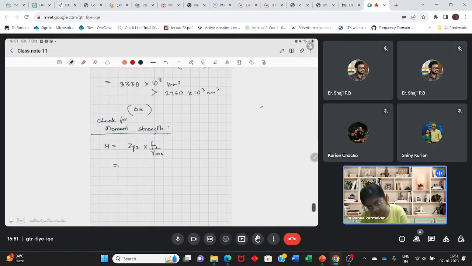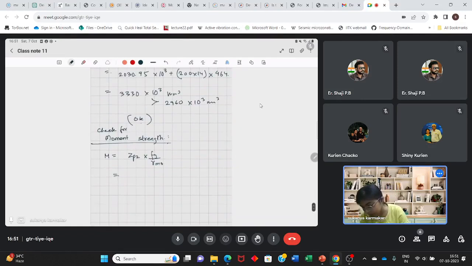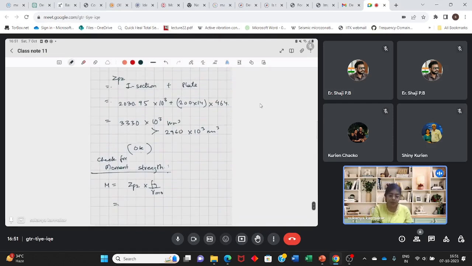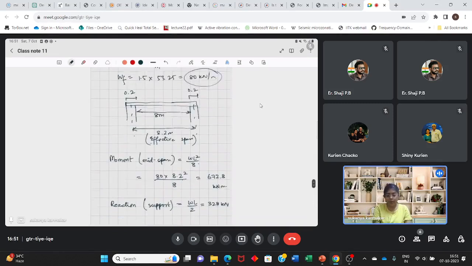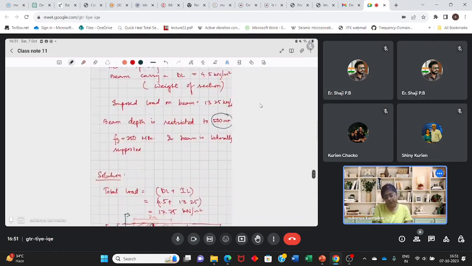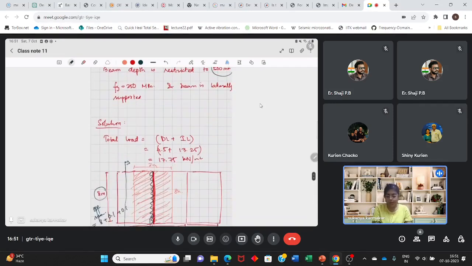Zpz, which I just calculated, will satisfy the moment capacity, since I'm satisfying the requirement. See, you calculated the load.